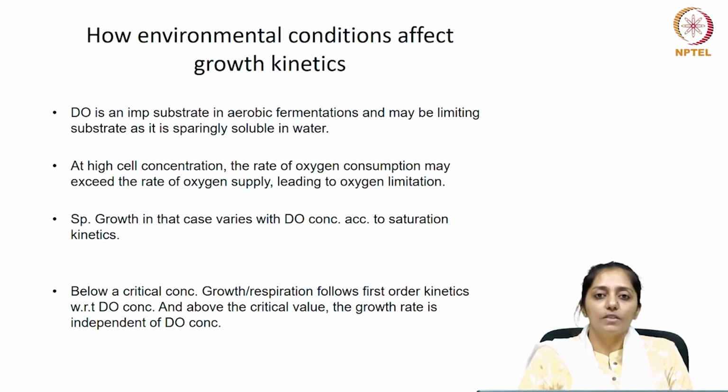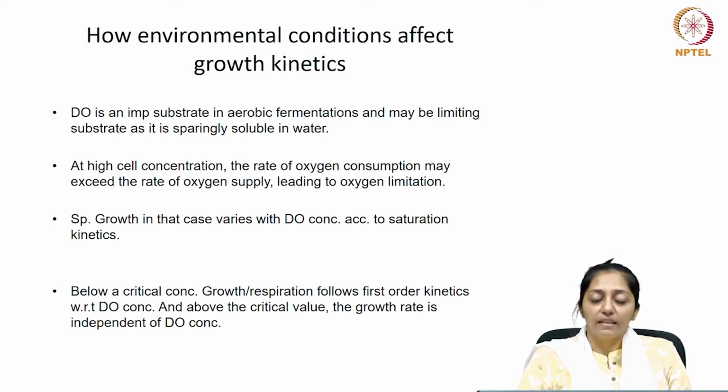Now, dissolved oxygen is an important substrate in aerobic fermentations and can become the limiting substrate as it is a sparingly soluble component in the fermentation broth. At high cell concentrations, the rate of oxygen consumption may exceed the rate of oxygen supply inside the reactor, which can then lead to oxygen limitations.